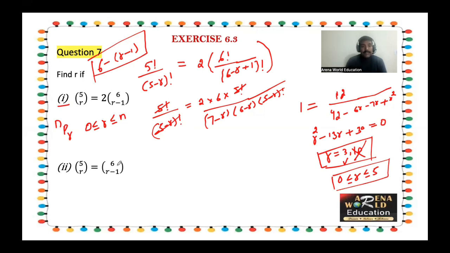So let us solve the second part. It is almost the same, only the difference is here on right hand side it is multiplied by 2.